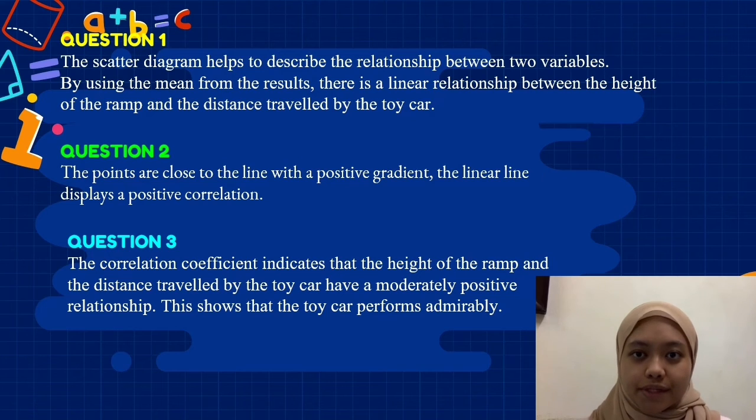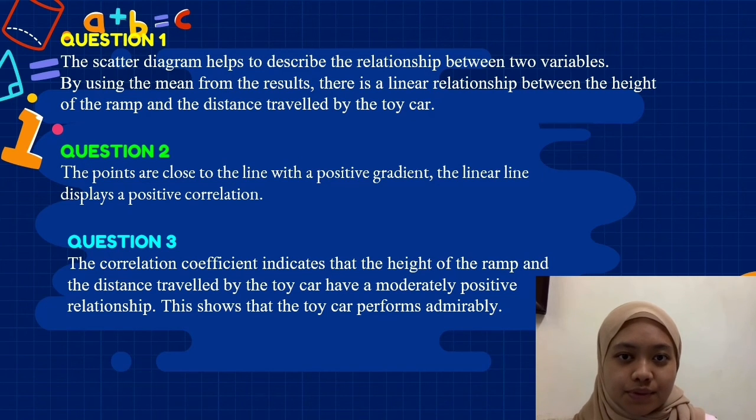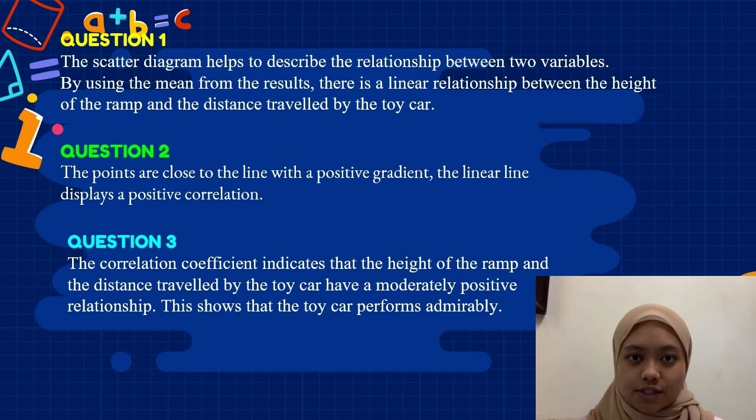For question 1, the scatter diagram helps to describe the relationship between the two variables, which are the height of the ramp and the distance traveled by the toy car. By using the mean from the experiment results, there is a linear relationship between the height of the ramp and the distance traveled by the toy car.